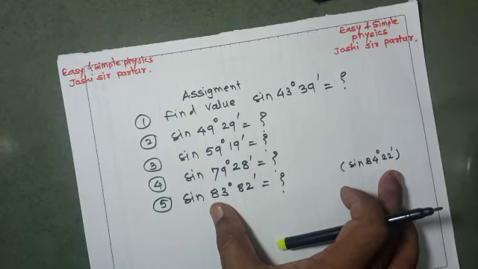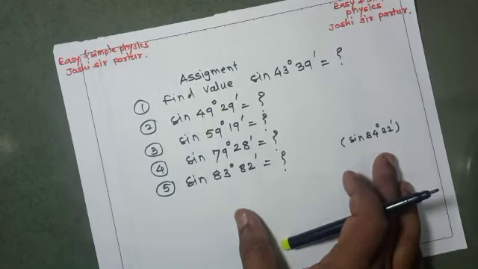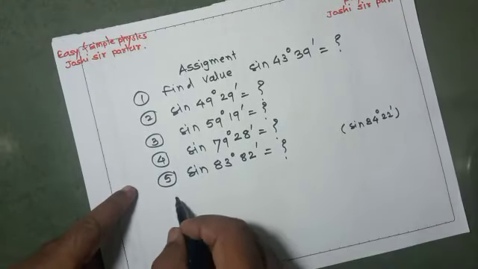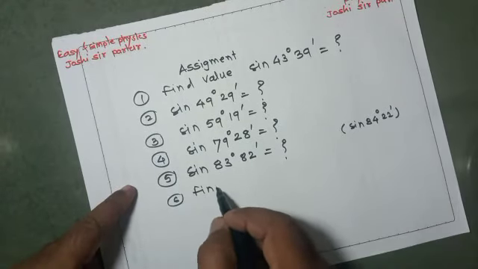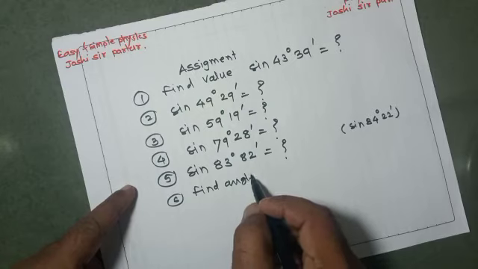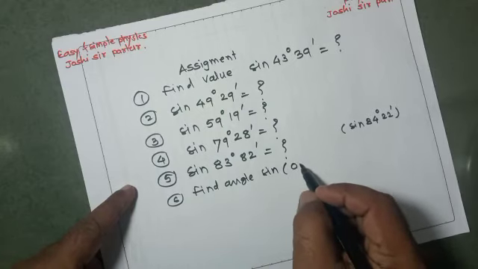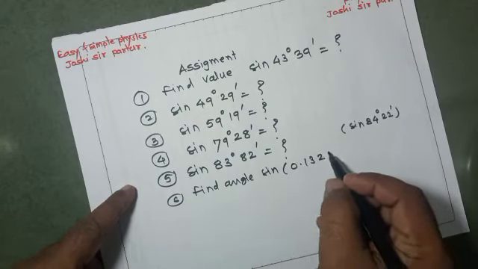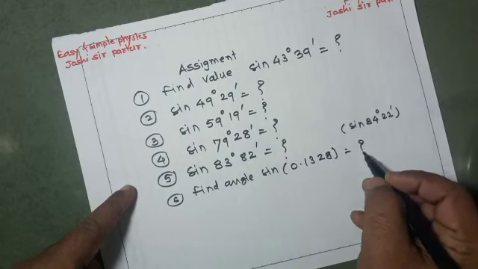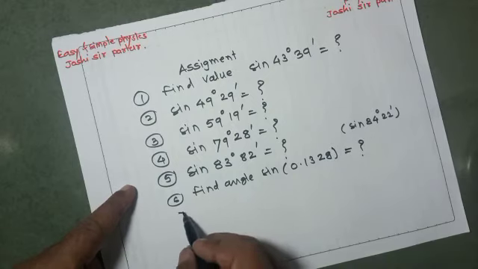Okay, and another assignment will be number 6. Find the angle. Sine inverse 0.1328, question mark.